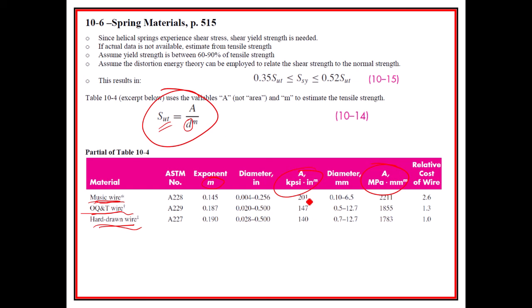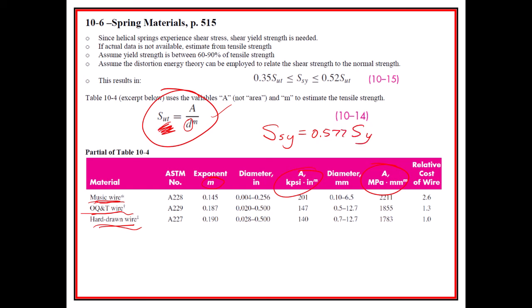And then so we have these parameters that we use with the wire diameter. But this is the ultimate strength, and we know that our stress was shear. So we need to relate the shear strength to this ultimate strength. And we already know that for static things that we had been using, the shear yield was going to be 0.577 times the yield strength, right?